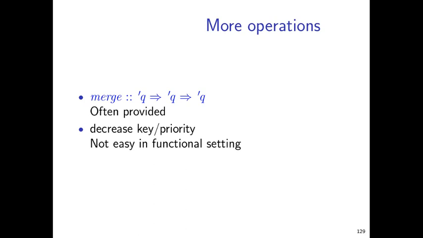We can only remove the minimum element. So what you could perhaps do in this simplified setting is you could implement a remove some element from the queue operation. But for the data structures that we discuss, this operation will not be efficient. So we don't handle it here.